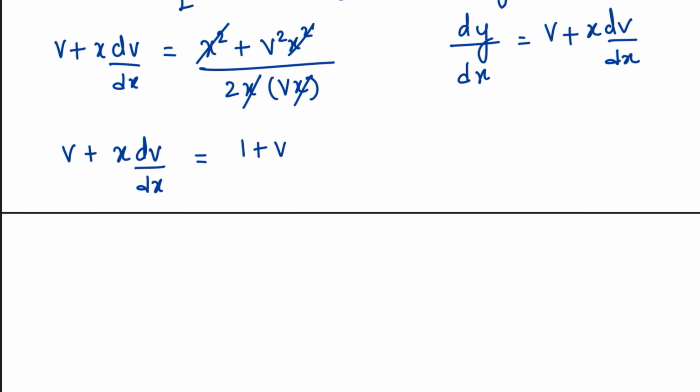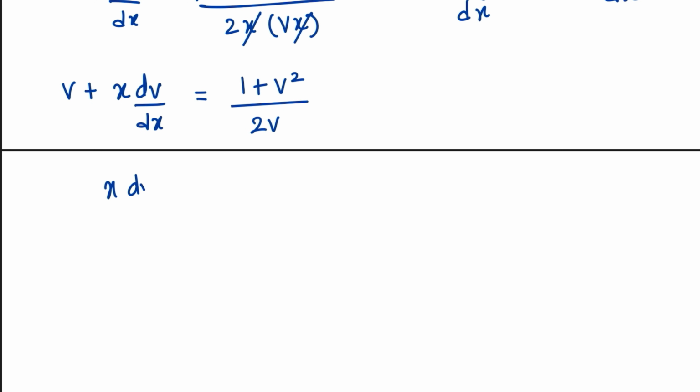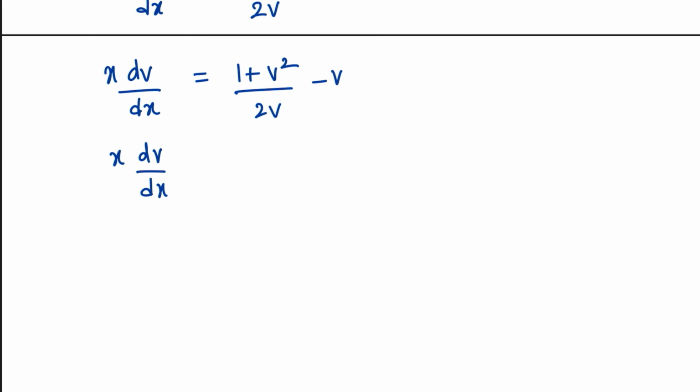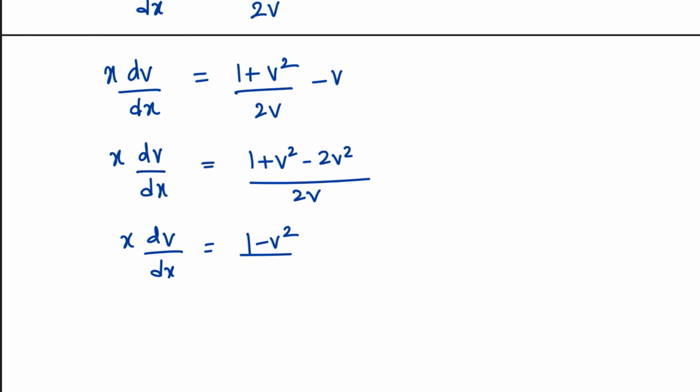We are left with 1 plus v square divided by 2v. Now I'll take this v on the right hand side so that the like terms are together, minus v. X dv by dx is equal to 1 plus v square minus 2v square divided by 2v. So this is 1 minus v square upon 2v.